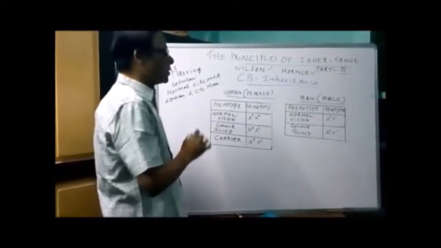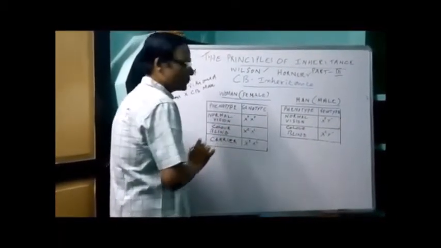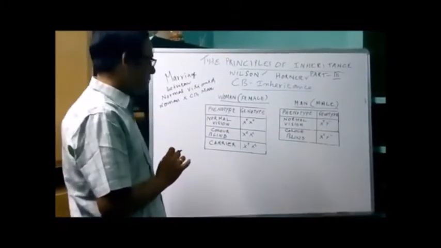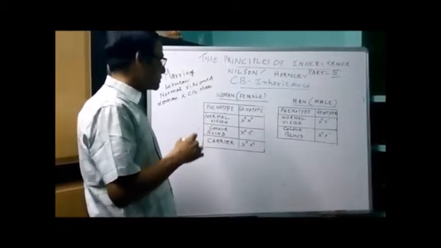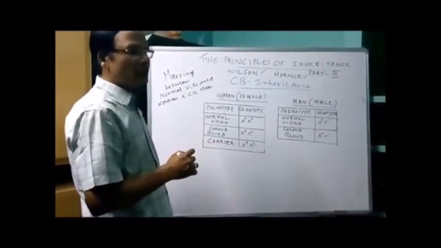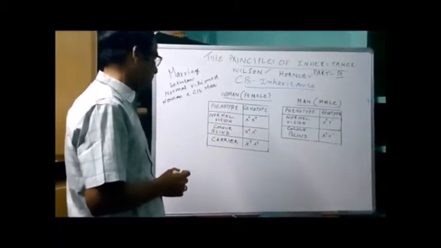The colorblind females have the recessive genes C. They are unable to produce either the red pigment, blue pigment, or green pigment for the perception of these colors.